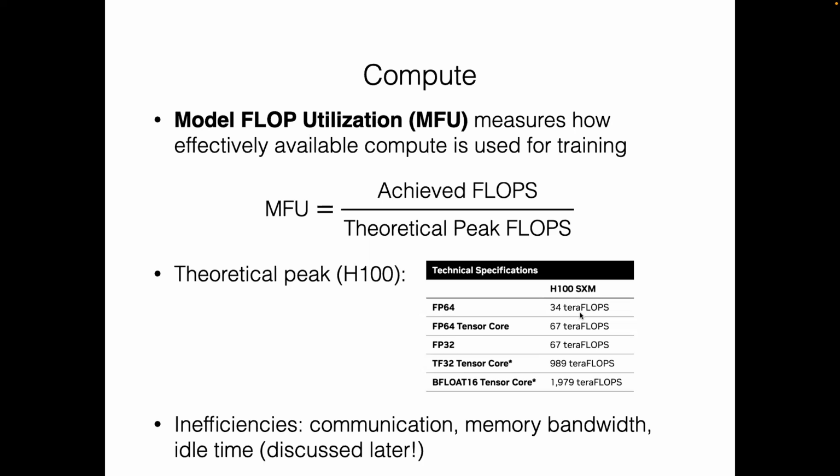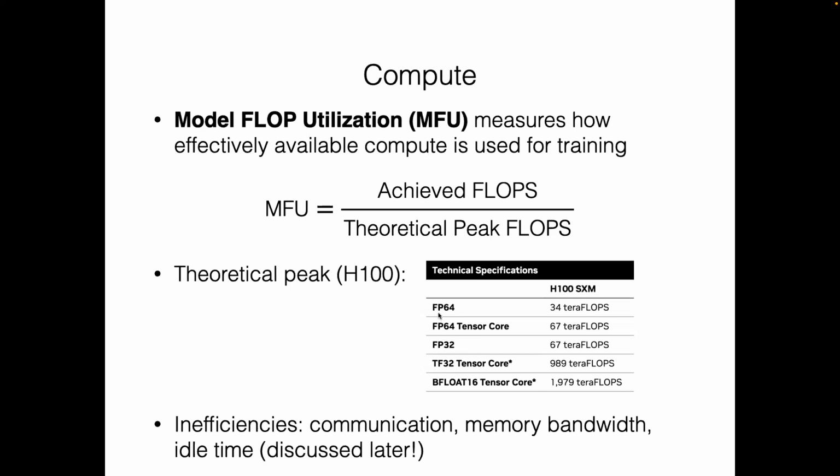I went to the H100 documentation, and you can look this up. You can see that it varies based on the data type. In the next lecture on quantization, we'll go over these data types in detail, so don't worry if you don't know the details. For this lecture, it is helpful to know that you have to pick a certain data type for representing numbers.